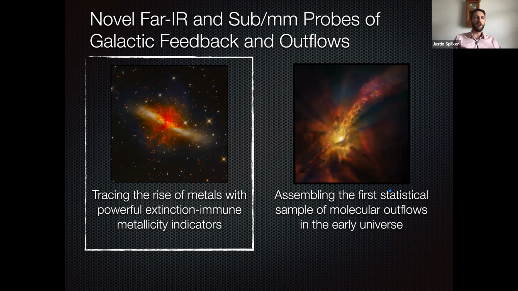I'm going to start off with one project that's very much still in the works, very preliminary, that I think we can possibly use into the future to trace the rise of metals, to trace the metal enrichment of the universe, and the distribution of metals out onto large scales. And then I'll spend probably more of the time talking about some work that I've been doing for the last couple of years, trying to assemble the first statistical sample of molecular outflows in the very high redshift universe.